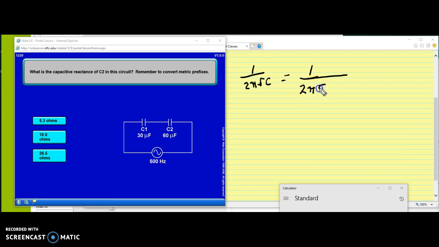So 2 pi times 500 times 0. Remember, it's 1, 2, 3, 4, and then 6. So all the difference is it's C2 now up here, C2. So we'll come down here, we'll bring our calculator into the picture, and we'll make this one happen.